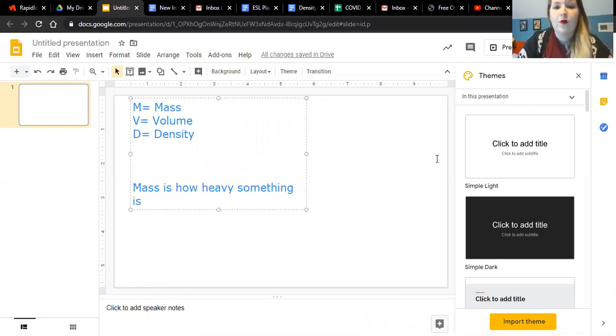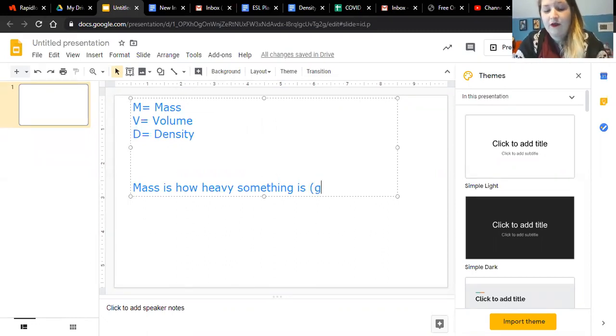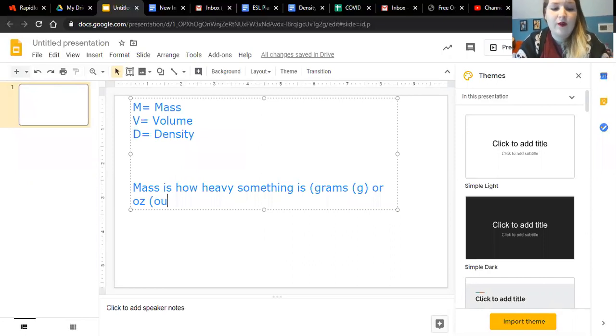So it is the weight of something. So usually this is calculated in grams, which is represented by a G, or ounces, which is represented by OZ. Typically in a formula, these letters are important. They are like variables in math. They are very important to the formula.